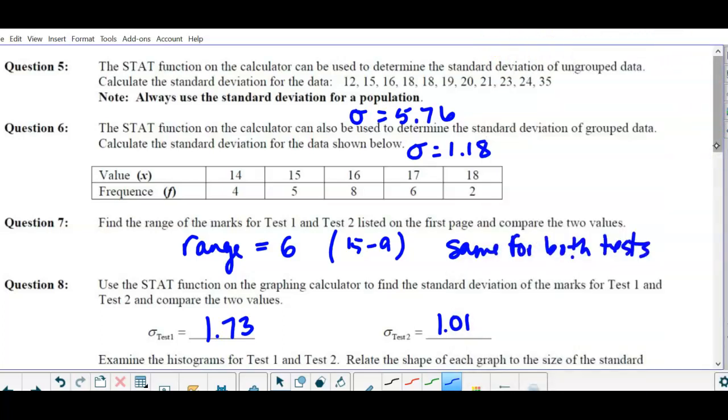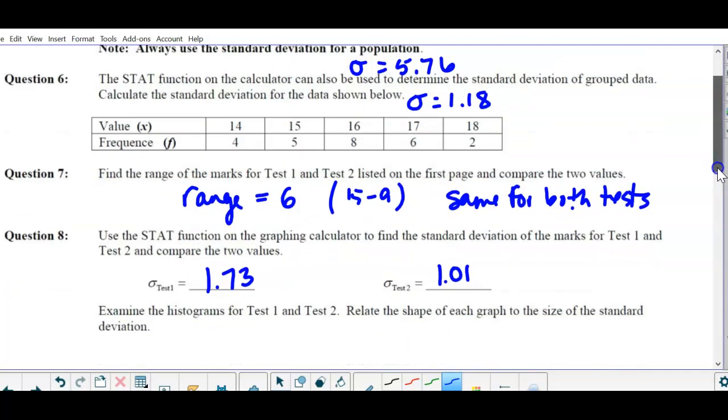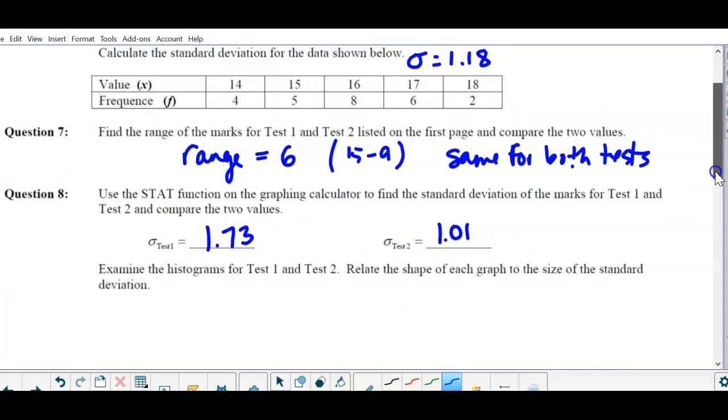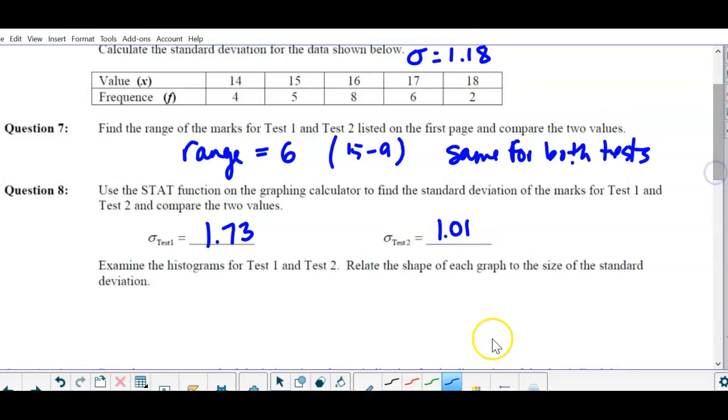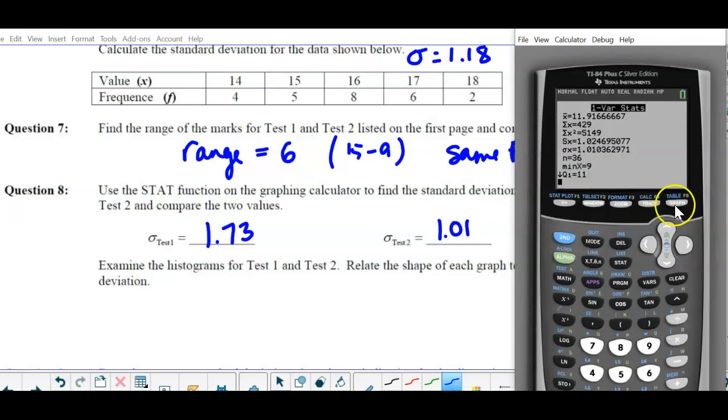So examine the histograms for test 1 and test 2. Relate the shape of each graph to the size of the standard deviation. Don't bother graphing, I'll just show you my graphs again. The first one with the larger standard deviation was the blue one. The smaller standard deviation was the red one. So relate each shape to the size.